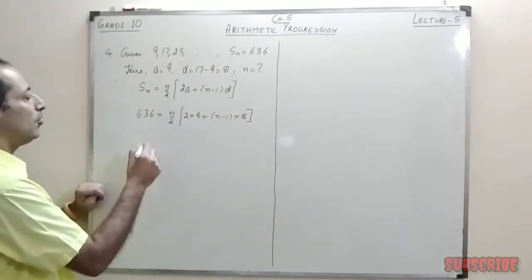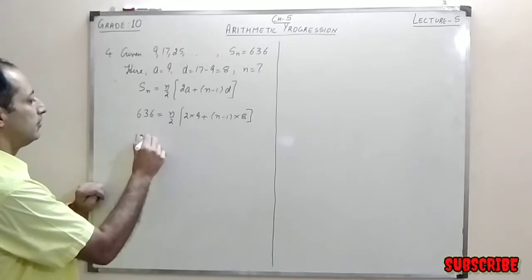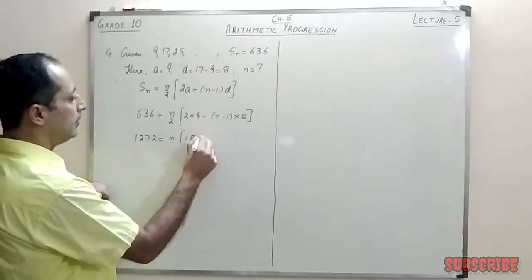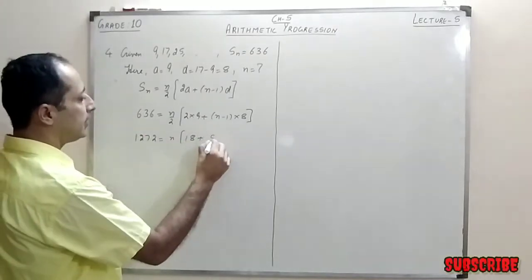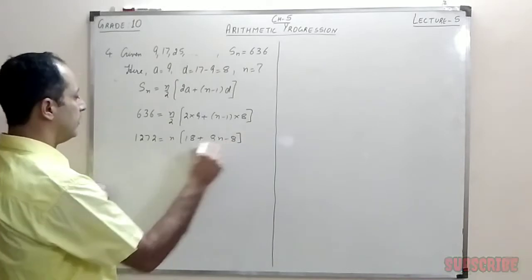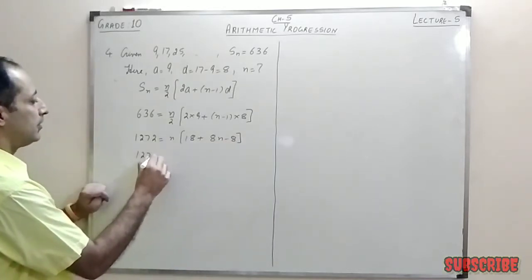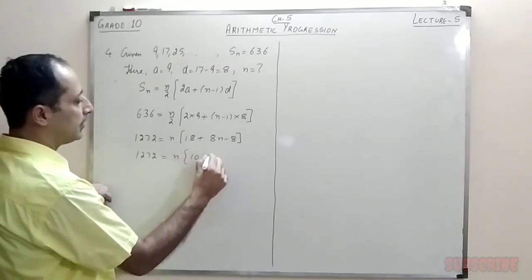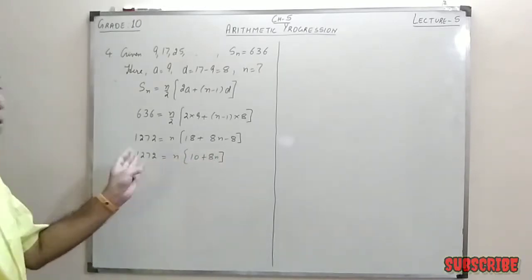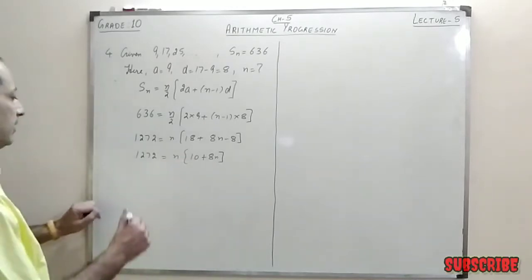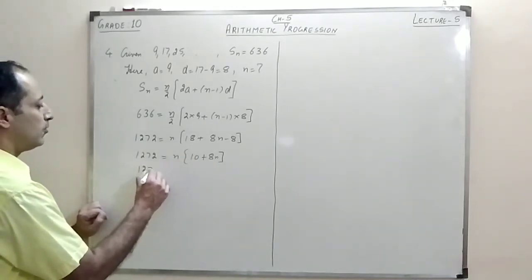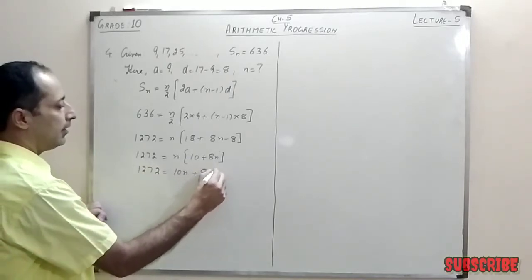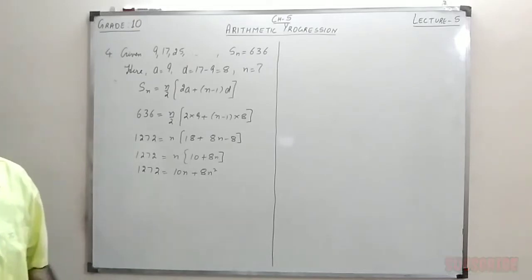Simplifying, we multiply this 2 on the left side. This is 1272 equals n into 18 plus 8n minus 8. So this is 1272 equals n into, inside the bracket, 10 plus 8n. Now we multiply this n inside the bracket, and we get 1272 equals 10n plus 8n squared.